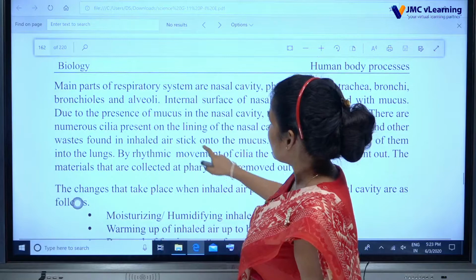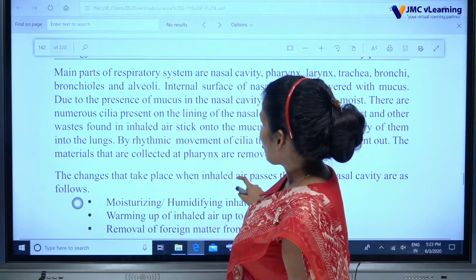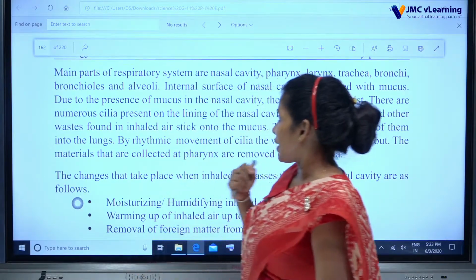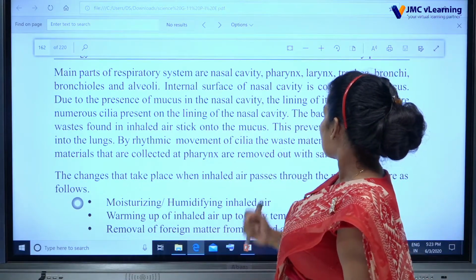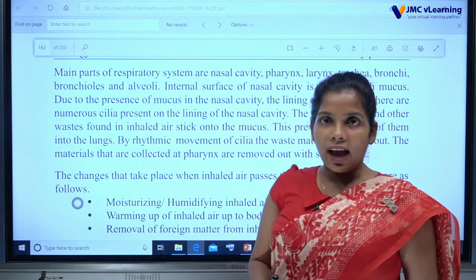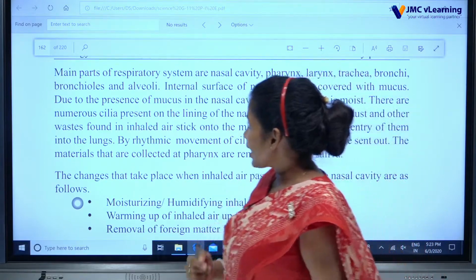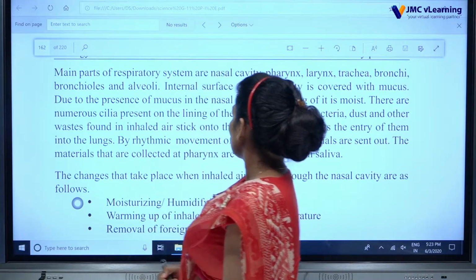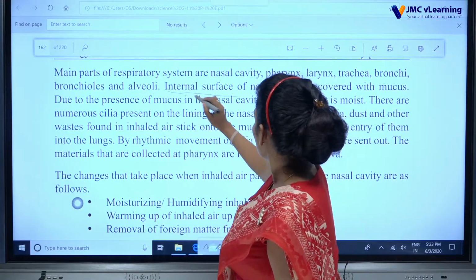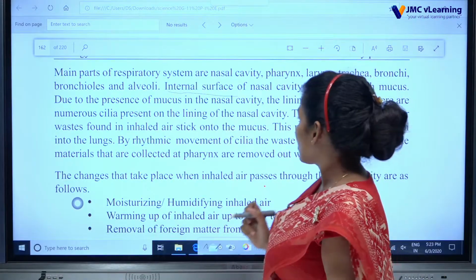The main parts of the respiratory system are the nasal cavity, pharynx, larynx, trachea, bronchi, bronchioles and alveoli.